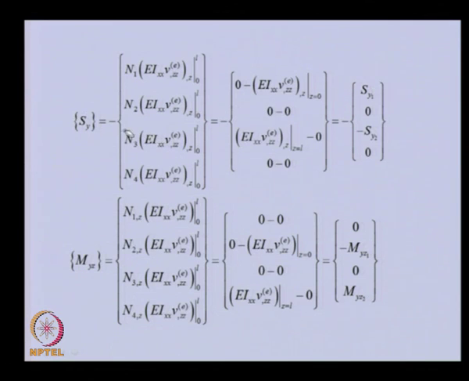Similarly, here n3 will be 1 for z is equal to L, and for z is equal to 0 it will be 0. So, this will contribute only one term, and I am expressing that as minus of sy2. I have defined this sy2 as minus of this. So, these are the shear forces at node 1 and 2. Similarly, from the bending moment we will see that the first and third terms will not contribute anything. The remaining terms will contribute, and they belong to the bending moment at node 1 and node 2 of that particular element.